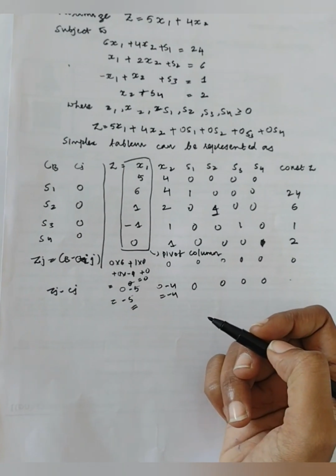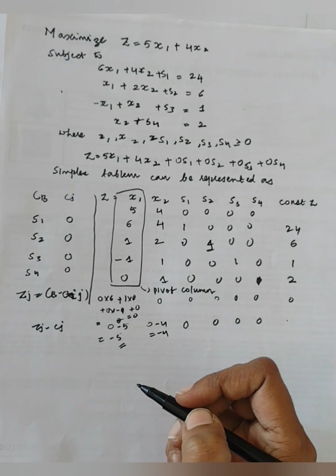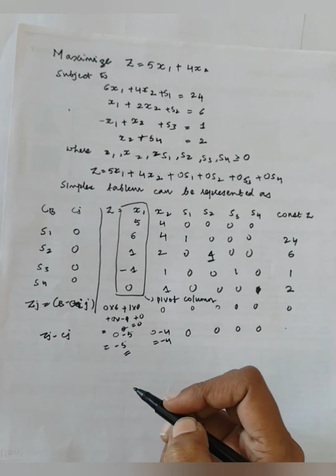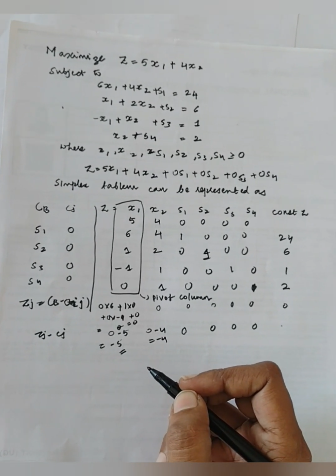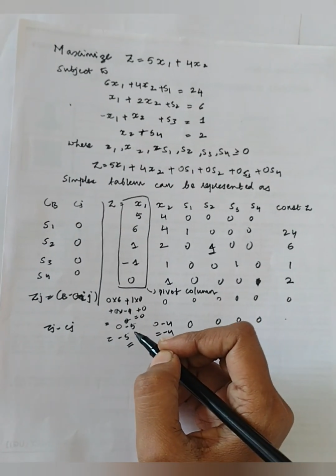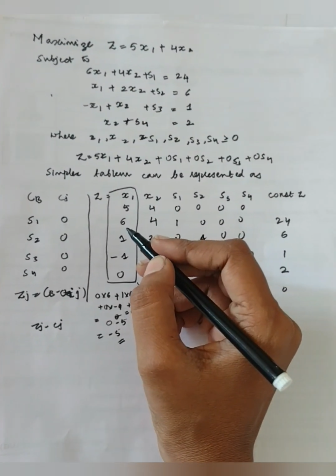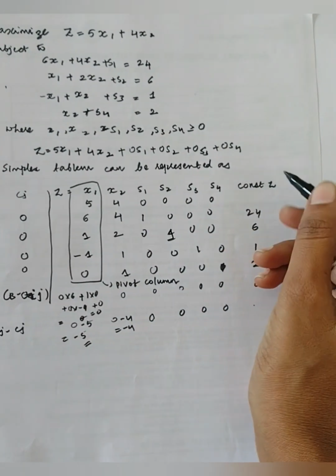To attain the optimal solution, the values should not be negative. So we take the highest negative number, minus 5, which gives the pivot column.